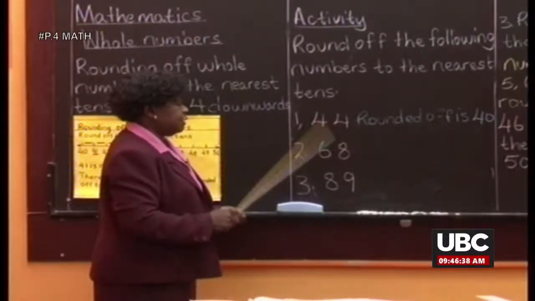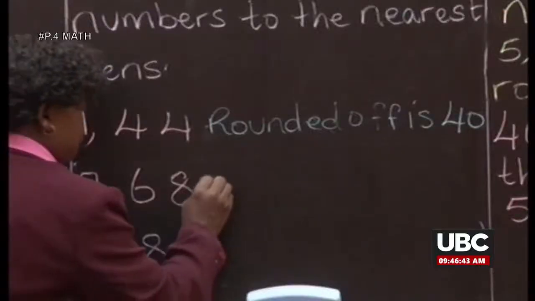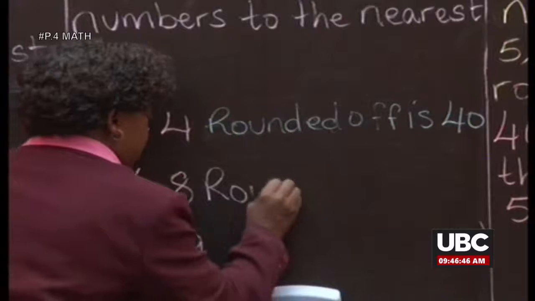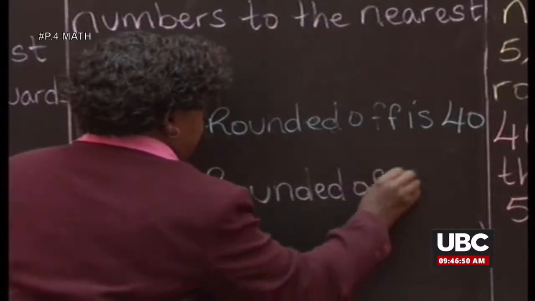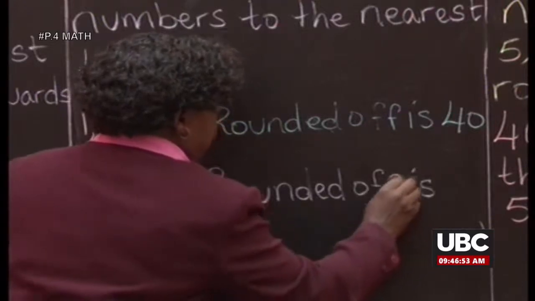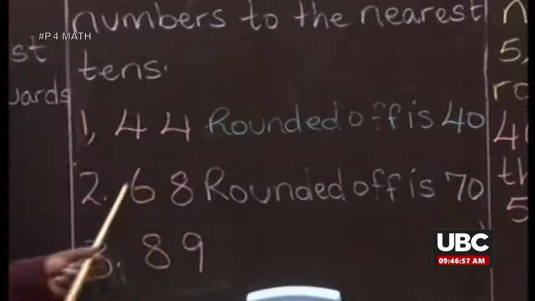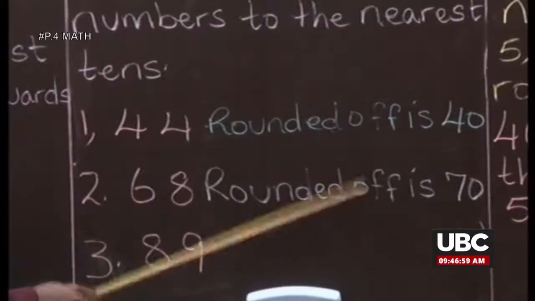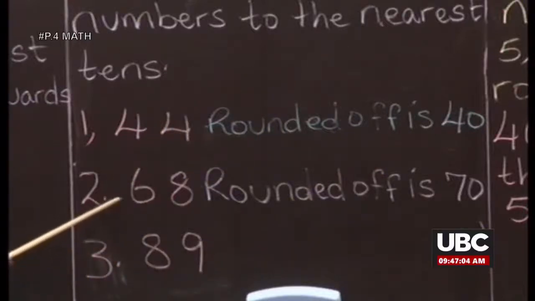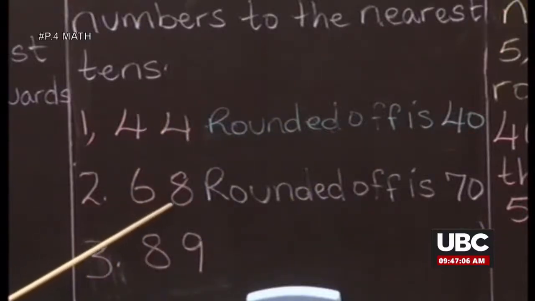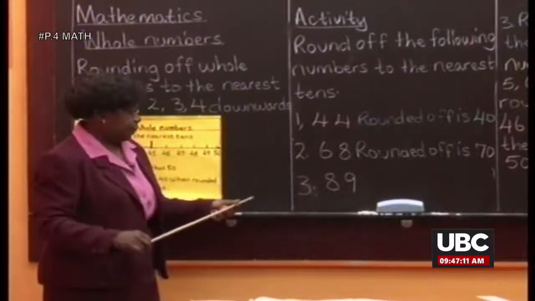It is nearer to 70. So 68 rounded off to the nearest tens is 70. Why? Because 68 is nearer to 70 than 60.